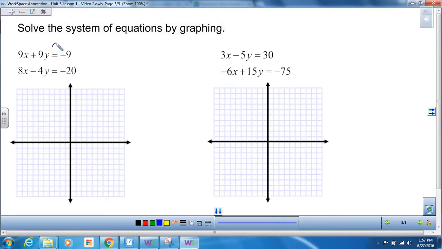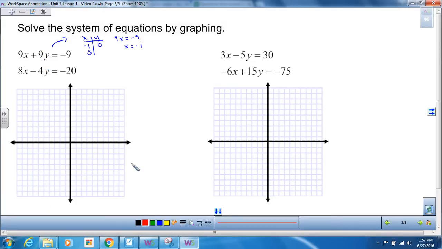So if I do this first one, I need this intercept table, so plug 0 in for y. So you get 9x equals negative 9. So x is negative 1. So that's my x-intercept. Okay.